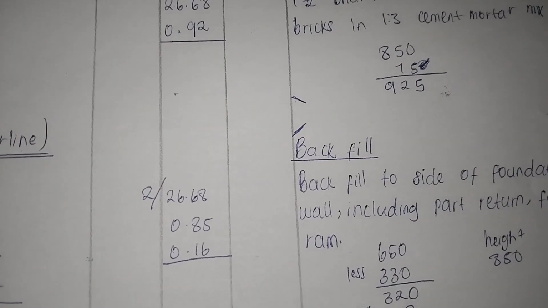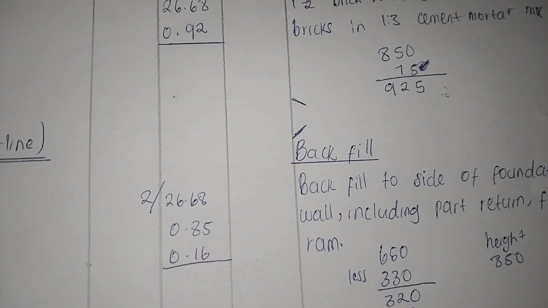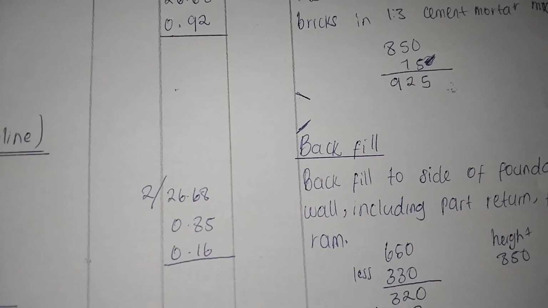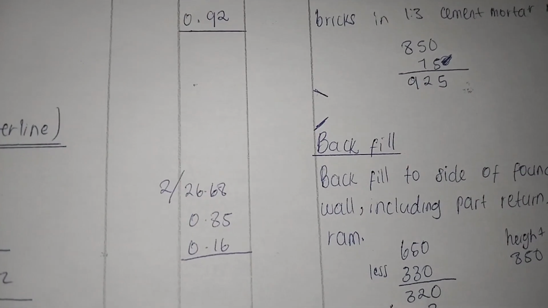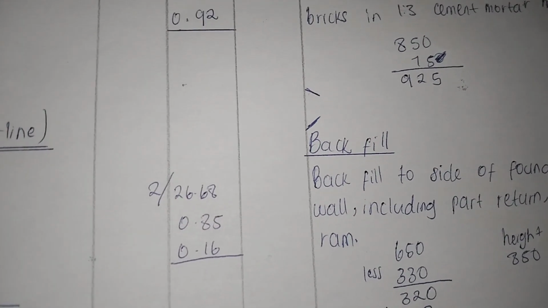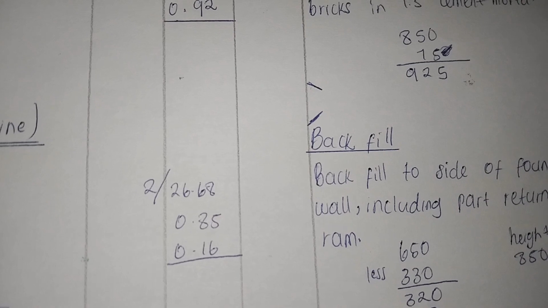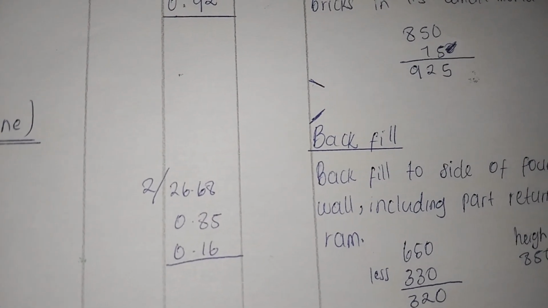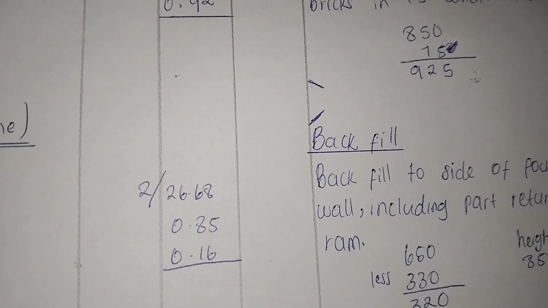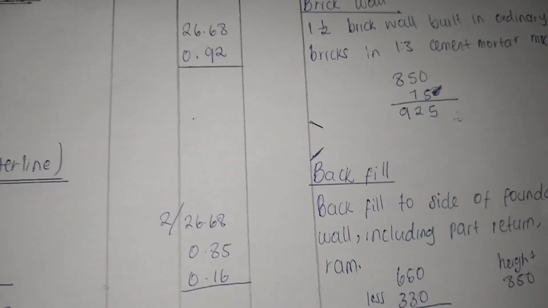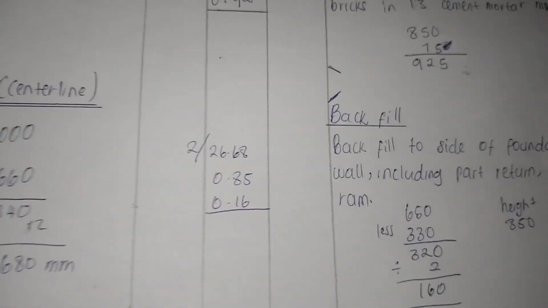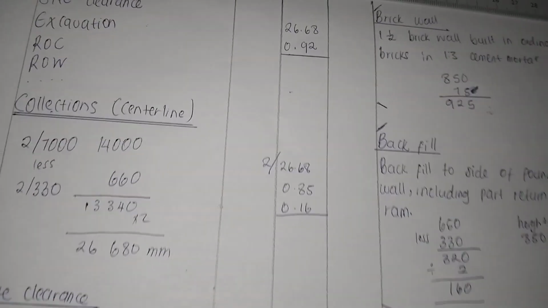You're going to write 850, which was given there, plus 75. Sorry, 75 was given in the specification. This is the hardcore. So if you were to check your brick wall properly, right? Okay, let me show you.